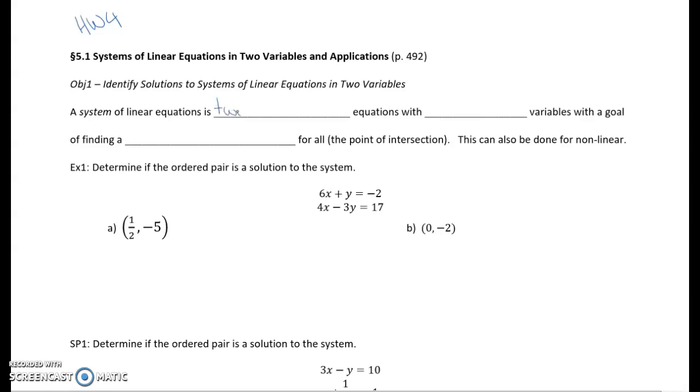is two or more equations with two or more variables. This section focuses on 2. The next section focuses on 3. The goal is finding an ordered set of values.